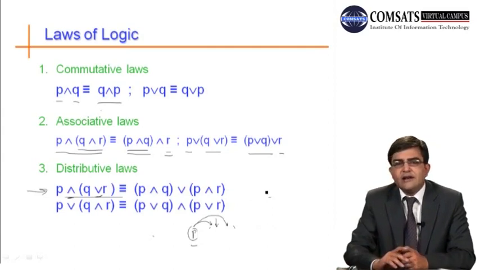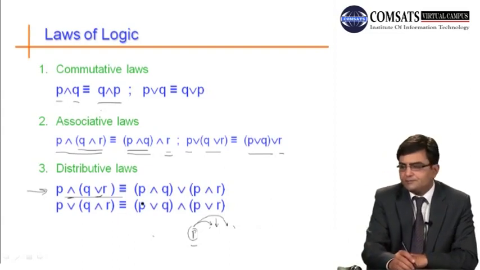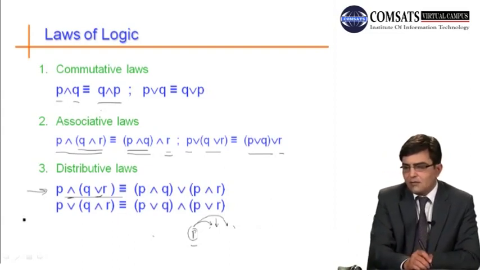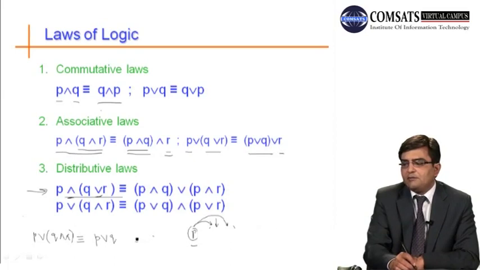Similarly, we can write the second distributive law, which is P or (Q and R). This is logically equivalent to, as I told you, (P or Q) and (P or R).